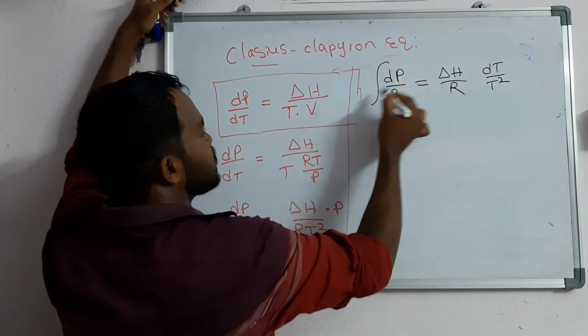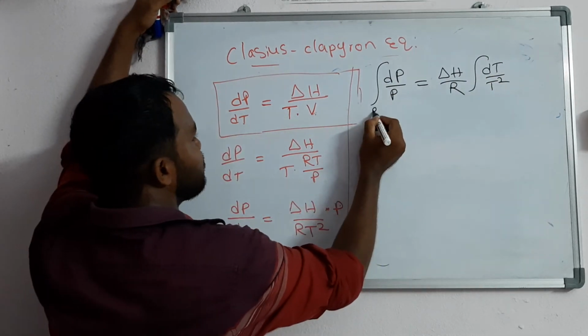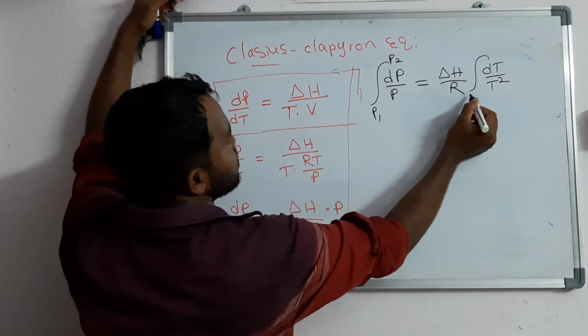Now apply integration on both sides. The limits are P1 to P2 and T1 to T2.